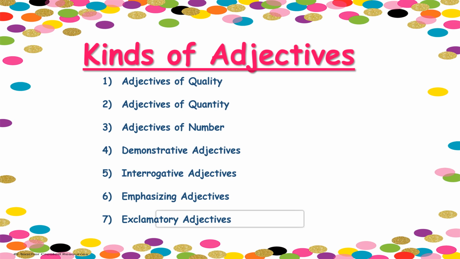Now students, the next thing that you have to learn by heart is the 7 kinds of adjectives. First of all, adjectives of quality. It talks about the quality of a noun. Then adjectives of quantity. It talks about quantity. Then number, which can be countable. Demonstrative, that shows something like this, that, these, those, such.